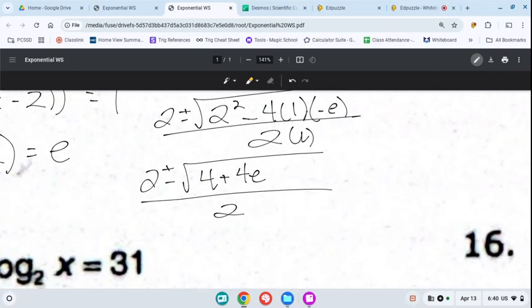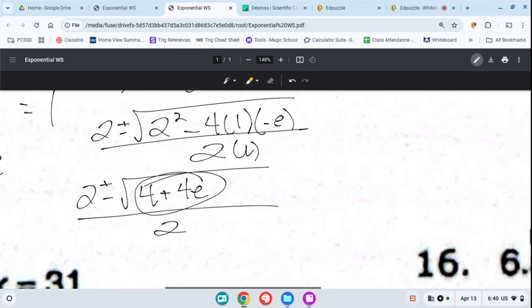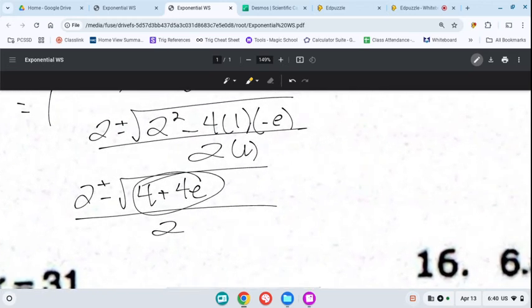Okay, ready for it? I can factor this out. So I'm going to do that right now. No, I'm not. I'm going to divide everything by 2. I'm going to do the square root. So now I have 2 plus or minus 2, because I did the square root of this, right?